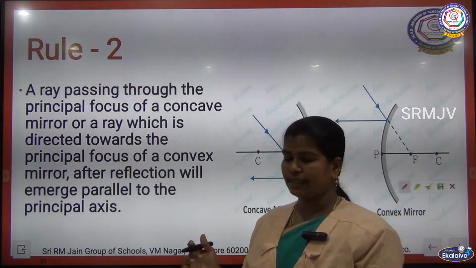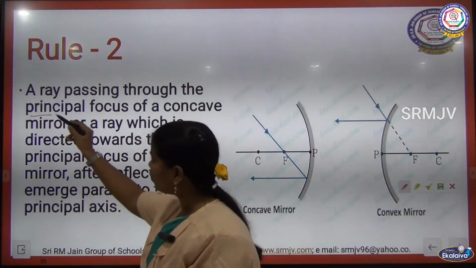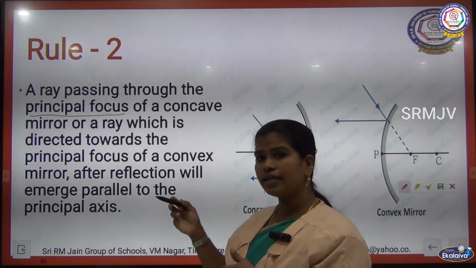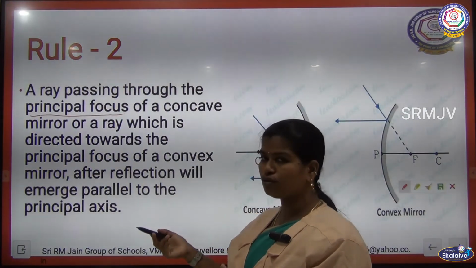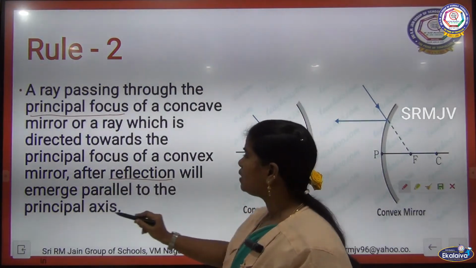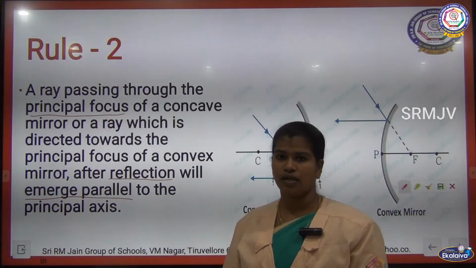Rule 2 states that a ray passing through the principal focus of a concave mirror or a ray which is directed towards the principal focus of a convex mirror, after reflection they will emerge parallel to the principal axis.